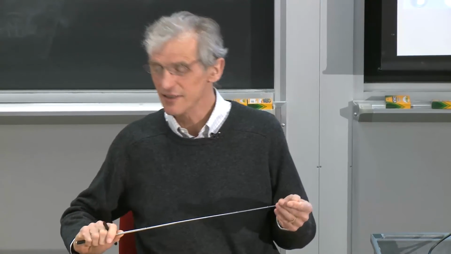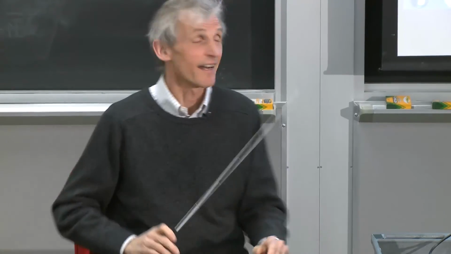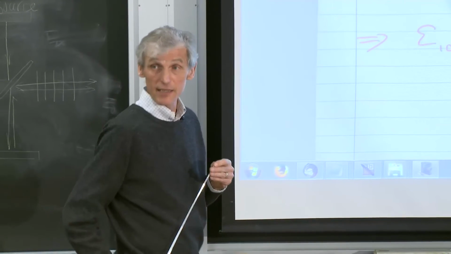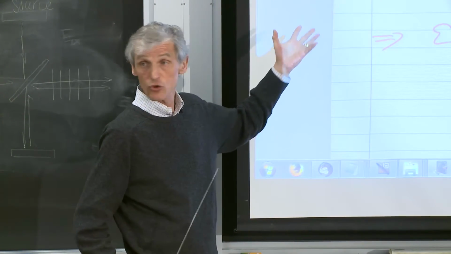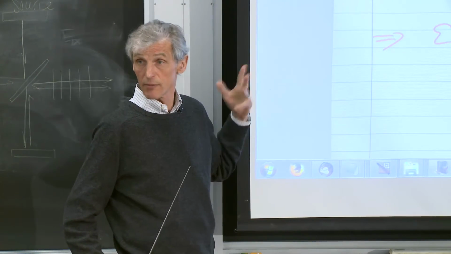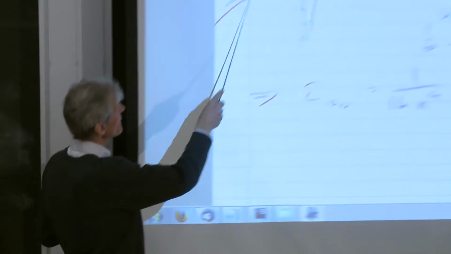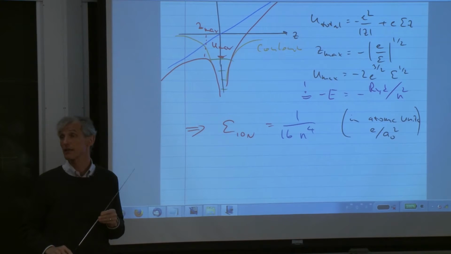So it's a simple model, it's an analytic result. The question is, is it valid? Does it make any sense? And the answer is yes. In a quantum mechanical problem, you would actually solve Schrödinger's equation for such a potential. But then the onset of field ionization comes when tunneling becomes possible through this barrier.